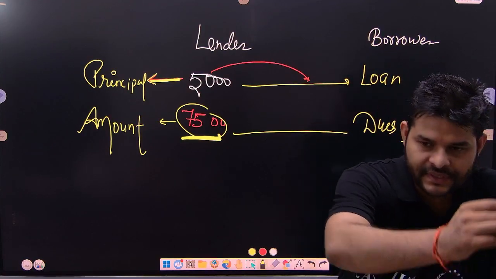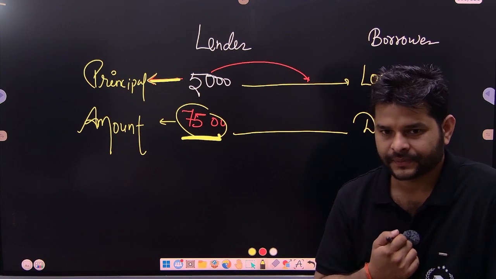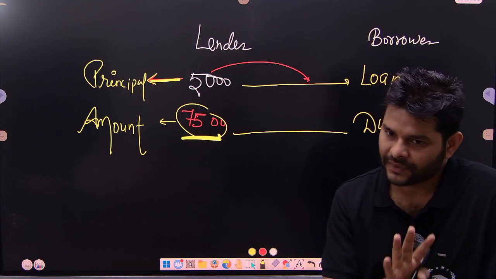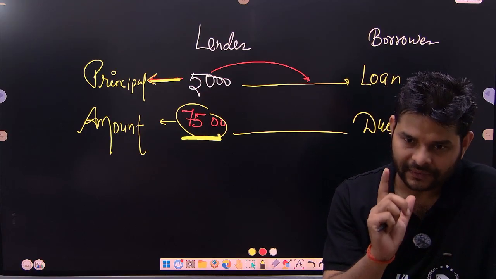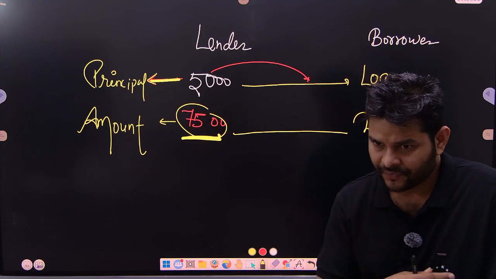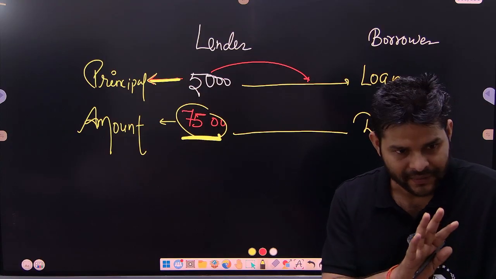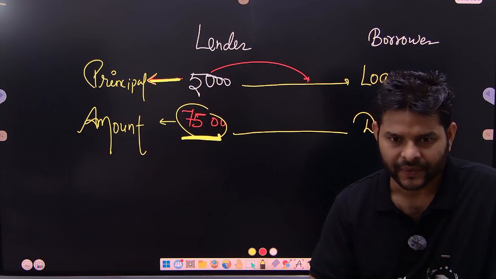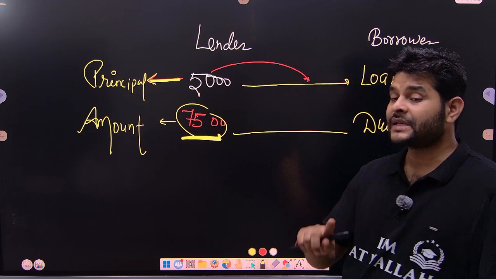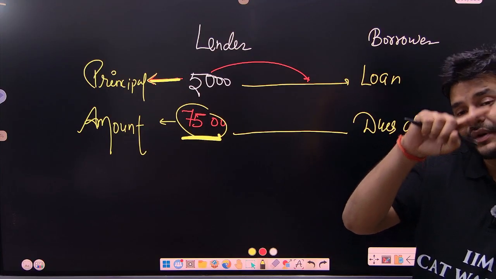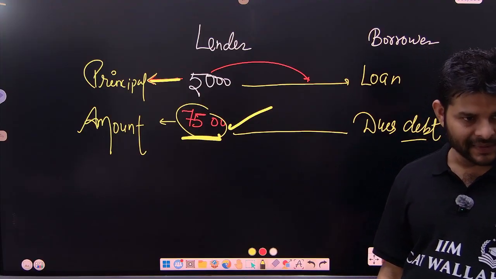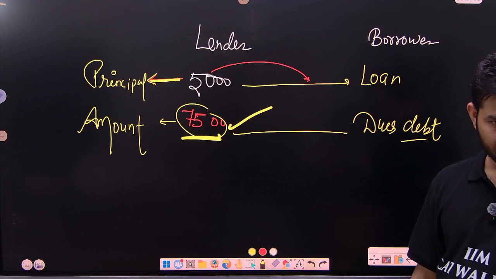Suppose this is a borrower and I'm the lender. He comes to me and says, sir, I need 5000. I immediately pay. And he says, sir, I'll repay this 5000 just after 5 years. I'll say it's okay, no problem. He immediately says, just after 5 years, the amount would be 7500 by calculation.